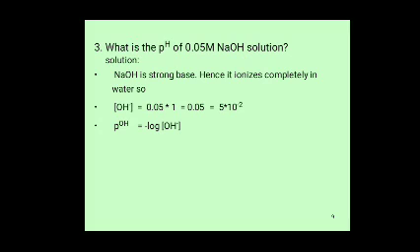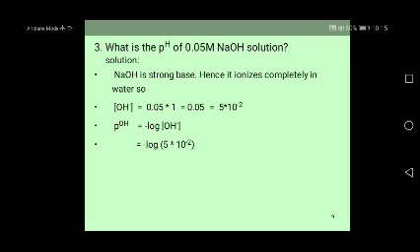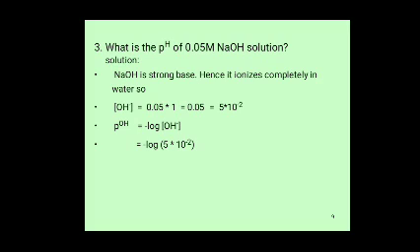So first you find the pOH value. pOH is equal to minus log of OH minus ion concentration, 5 into 10 to the power of minus 2. Log m into n is log m plus log n.